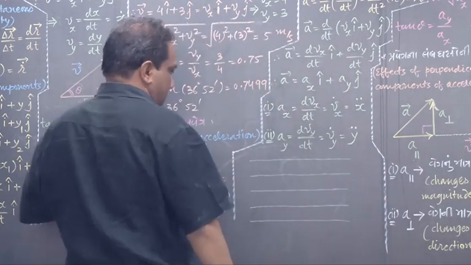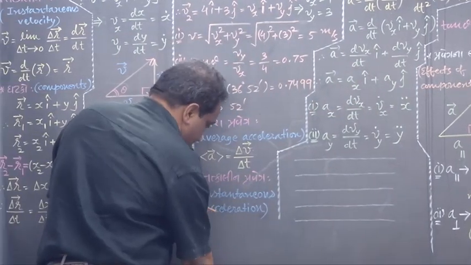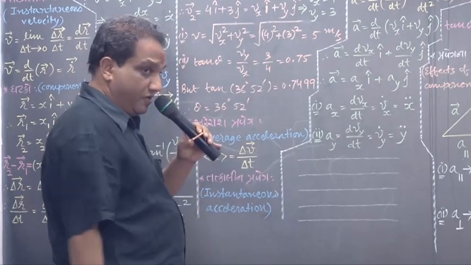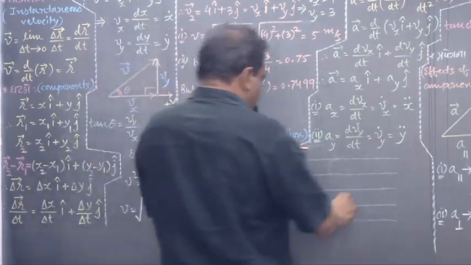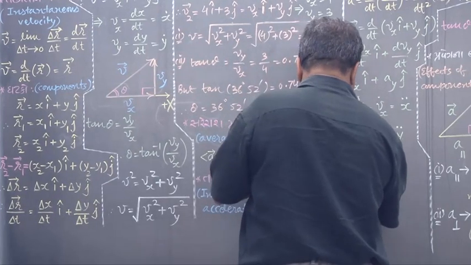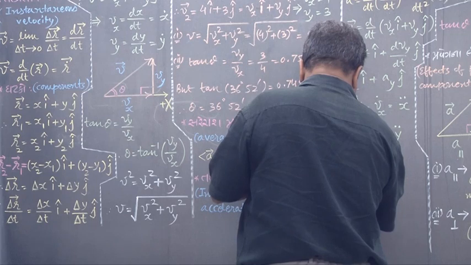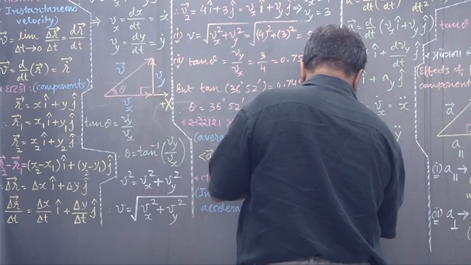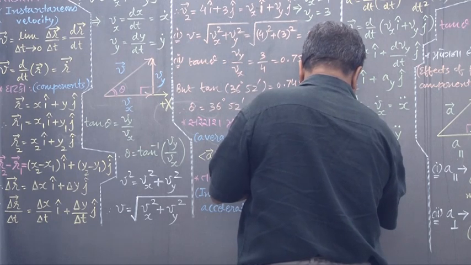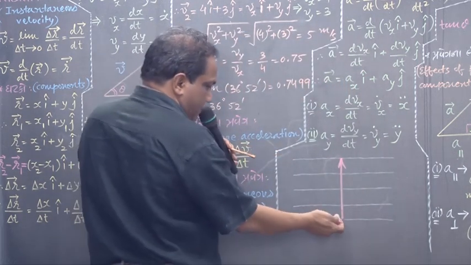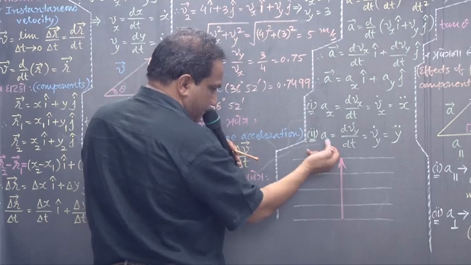Look, one boatman can manage to drive his boat perpendicular to the flow of water. Perpendicular to flow of water, this way. Fine. But actually he is not trying to drive his boat this way.